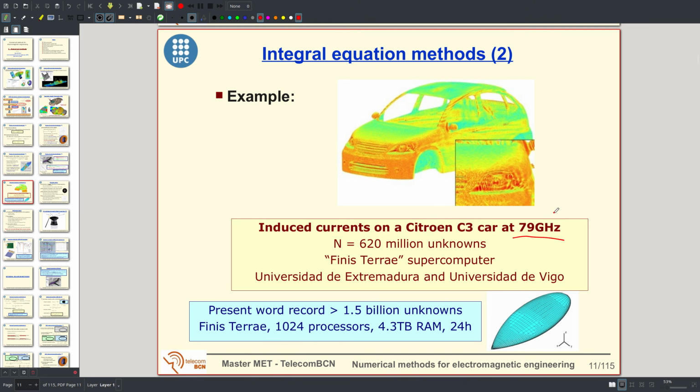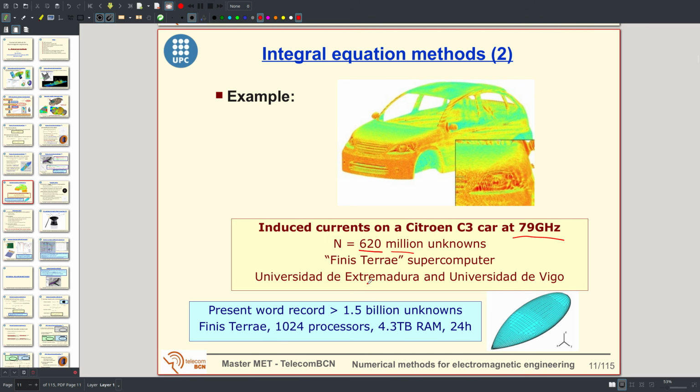So the wavelength is about, let's say, 3 millimeters or so. The wavelength is very small, and the number of unknowns is 600 million. It is not the biggest example, but it was the biggest example that I have for a practical object like a car.